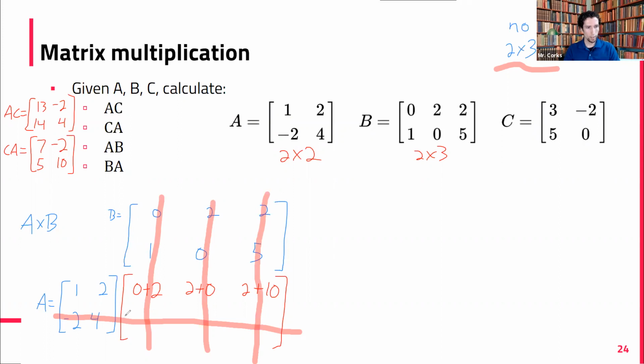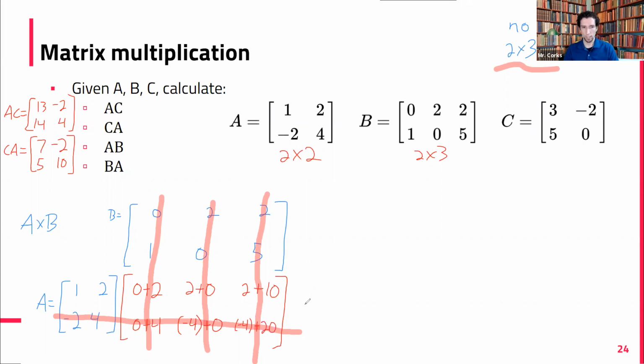All right, our first position on the bottom row, what plus what? 0 plus 4. Okay, 0 plus 4, next one, -4 plus 0, and -4 plus 20.